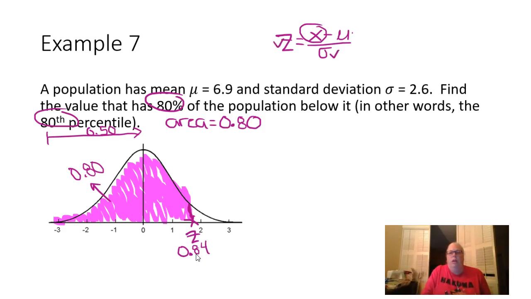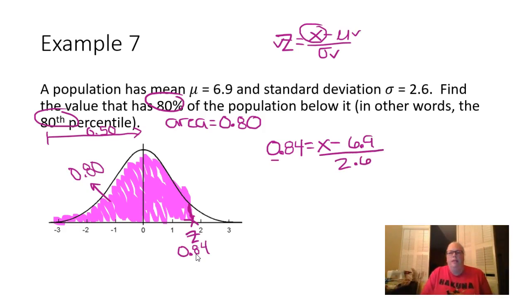I was given this one, I was given this one, so I'm just going to solve this problem for x. All right, my z-score, 0.84. X is what we're looking for. Mu I was given to be 6.9, and then sigma I was given to be 2.6.